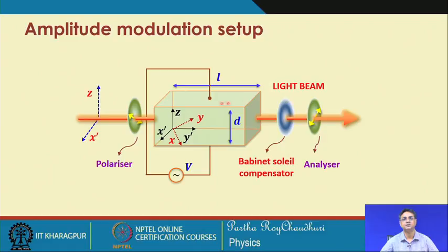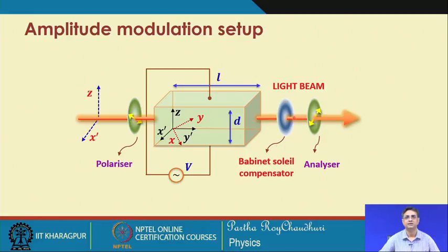And you have an input polarization which is halfway through z and x dash. Z and z dash are the same in any case, because we have seen that when you apply this electric field along z direction, it undergoes a rotation about this z axis, but the z axis does not get disturbed. So, you apply the polarization which is halfway through z, z prime and x prime, and that light is now launched into the crystal.